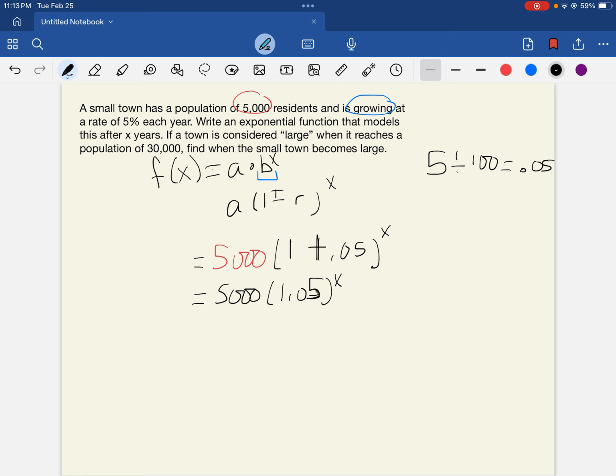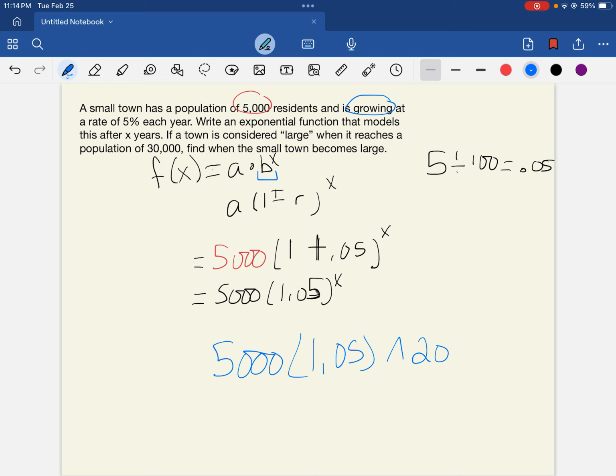So like I could start and I could guess, hey, you know what, 20. So on my calculator, what I do is I take 5,000 times parenthesis 1.05 parenthesis raised to the 20. And when I do that, I get 13,000.